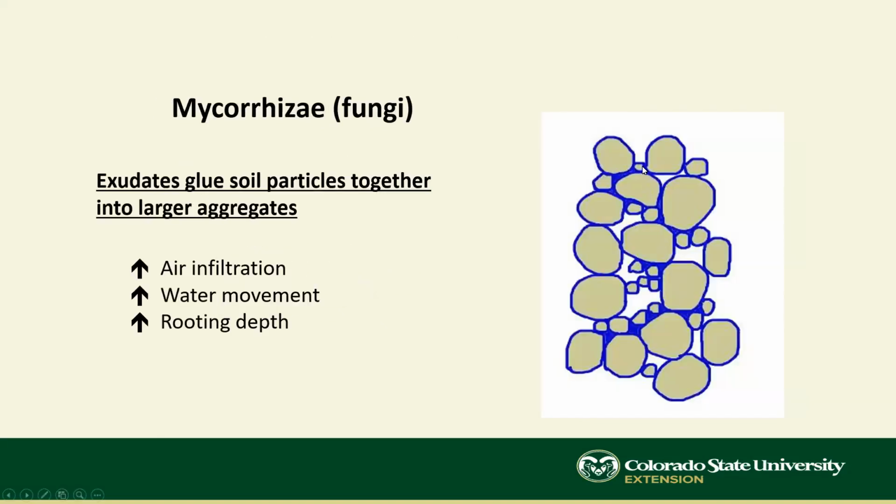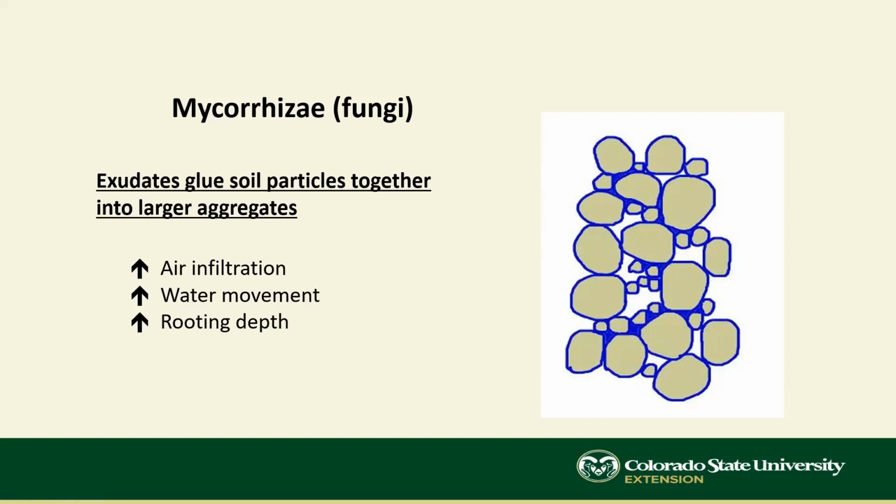One of the biggest benefits, not just that the plants are getting more healthy, is that at the same time, the fungi will help build the soils. They put out this glue, and this glue helps put particles together into little aggregates, or what we call peds, which are sort of like soil clods.